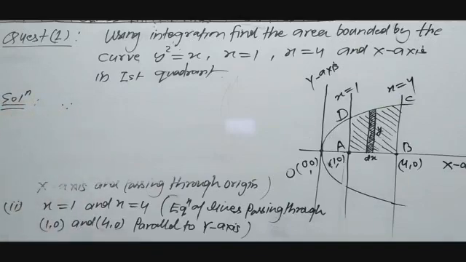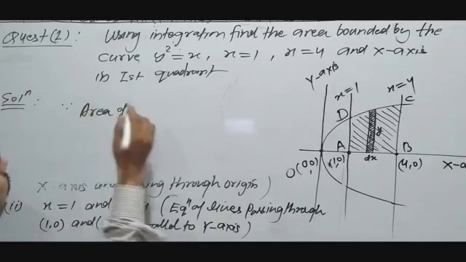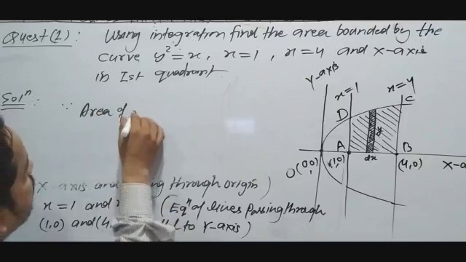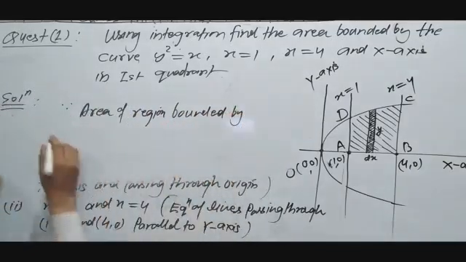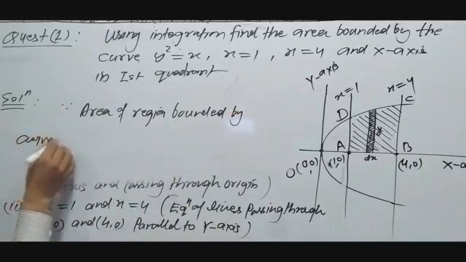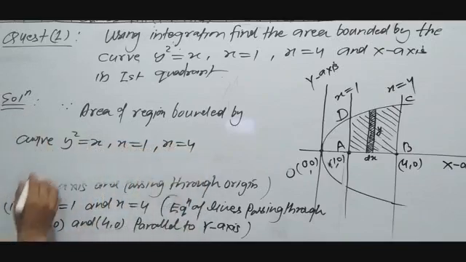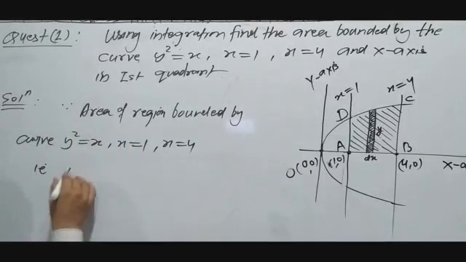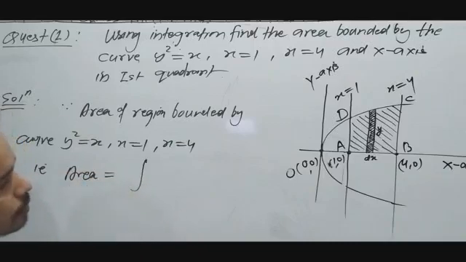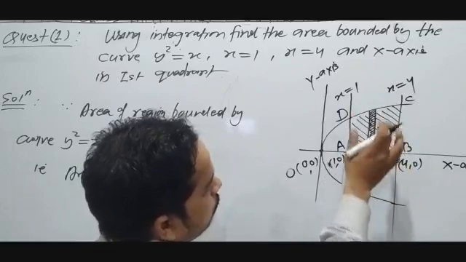Since the area of the region bounded by the curve y square is equal to x, x is equal to 1, x is equal to 4, that is, area is equal to integration over this region. This is y square is equal to x, this is the line x is equal to 1, this is the line x is equal to 4, and this is the positive x axis, only in first quadrant, so this will be the area.